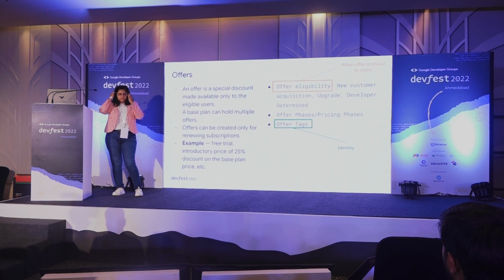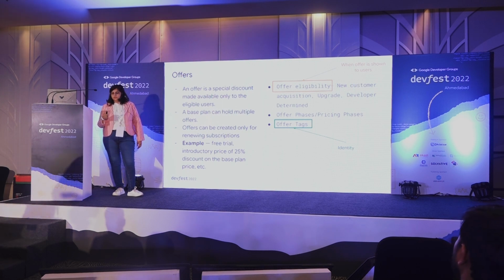When you are going for developer determined offers, like the friends and family offer, you can use that offer tag to determine which offer you want to show to this particular user. For example, this user is my friend, so let me roll out this particular offer to that user. At that time, offer tags are very important.